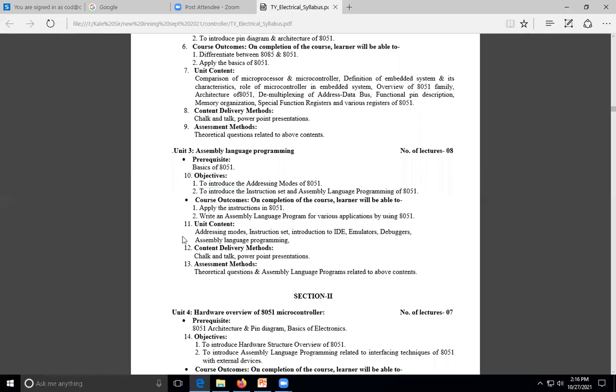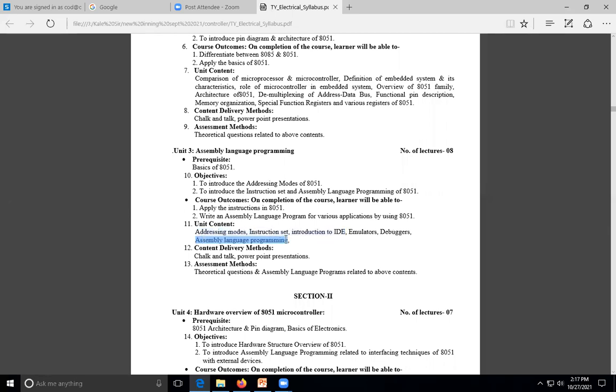So what are the unit contents? They are addressing mode, instruction set, and the integrated development environment, just like the Keil software. We discuss what an emulator is, what a debugger is, and then assembly language programming.